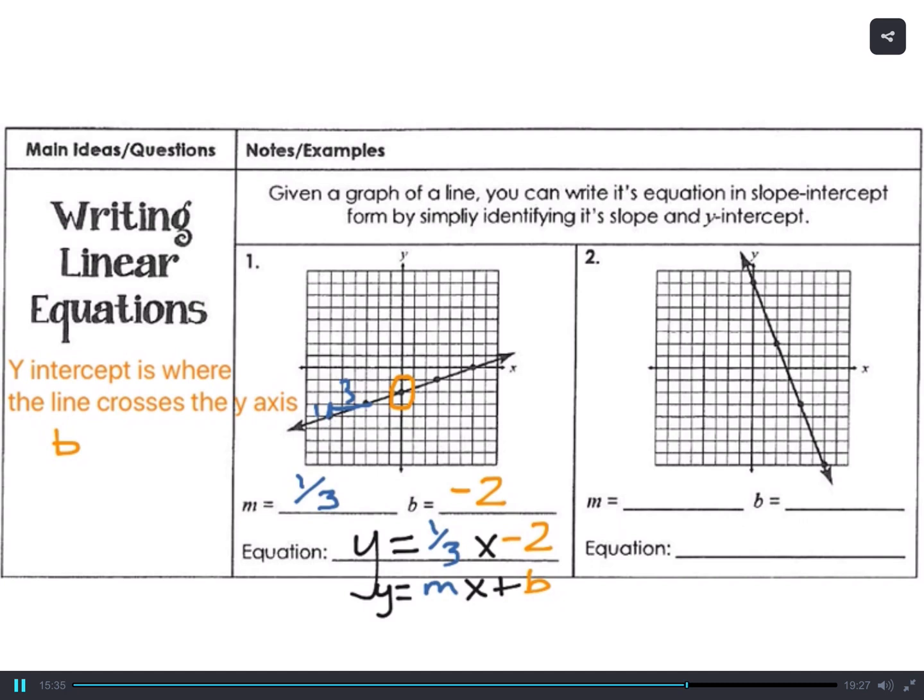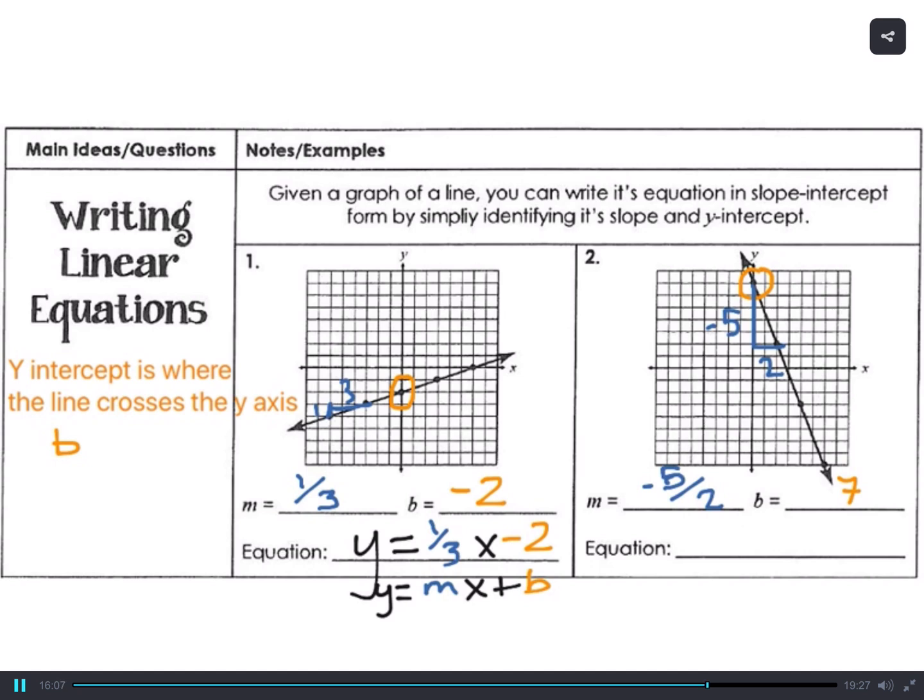All right, so my b is way up here at 7, and my slope is, let's see, down 5 and run 2. So because I went down, it's negative, and then I went to the right, so it's positive 2.